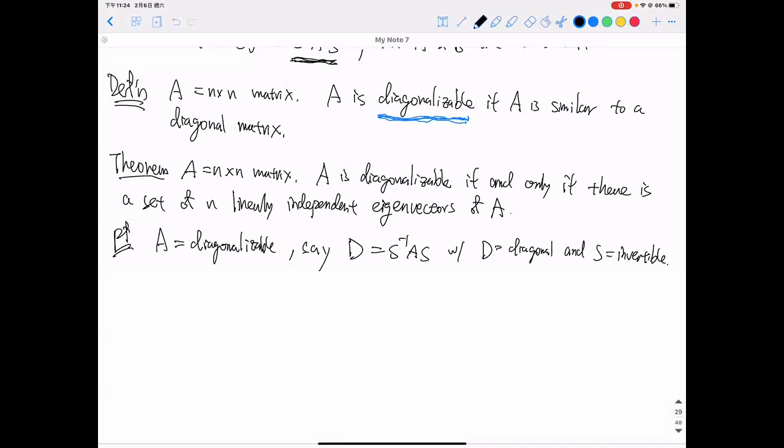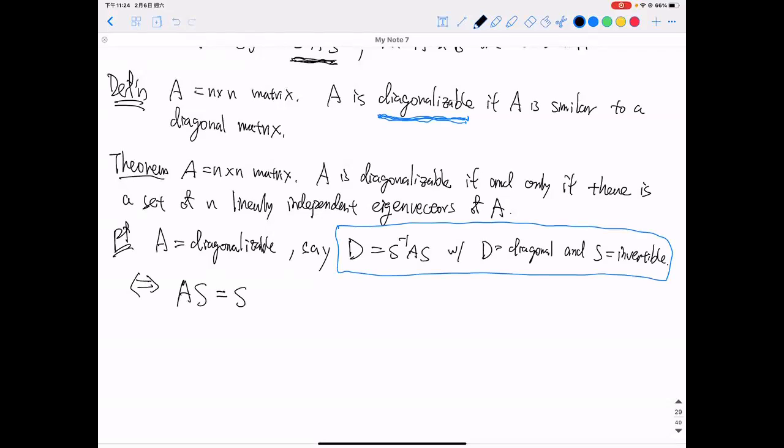Okay, right? Having this equality with D diagonal and S invertible is the same as the following equation: AS equal to SD, with D still diagonal and S invertible.